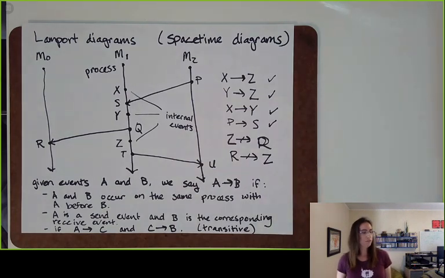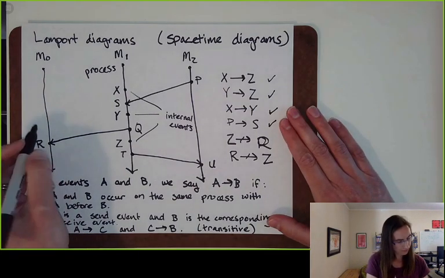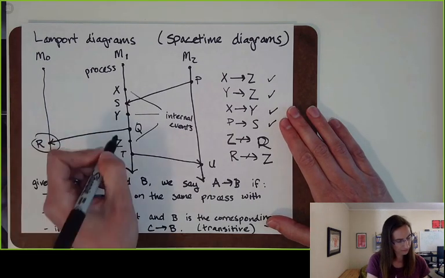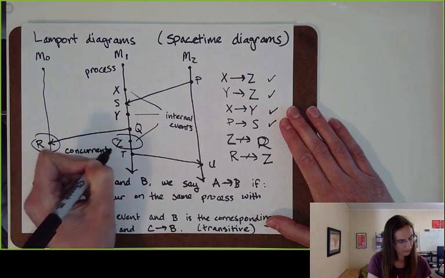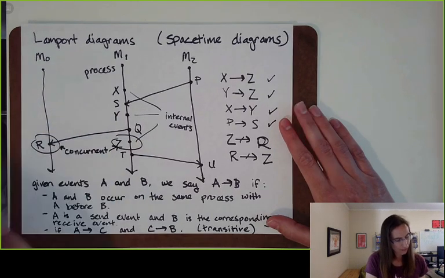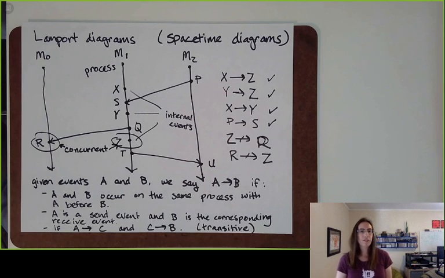When this is the case for two events, we say that they're concurrent. And there are several more pairs of concurrent events in this picture. What's another pair of concurrent events?